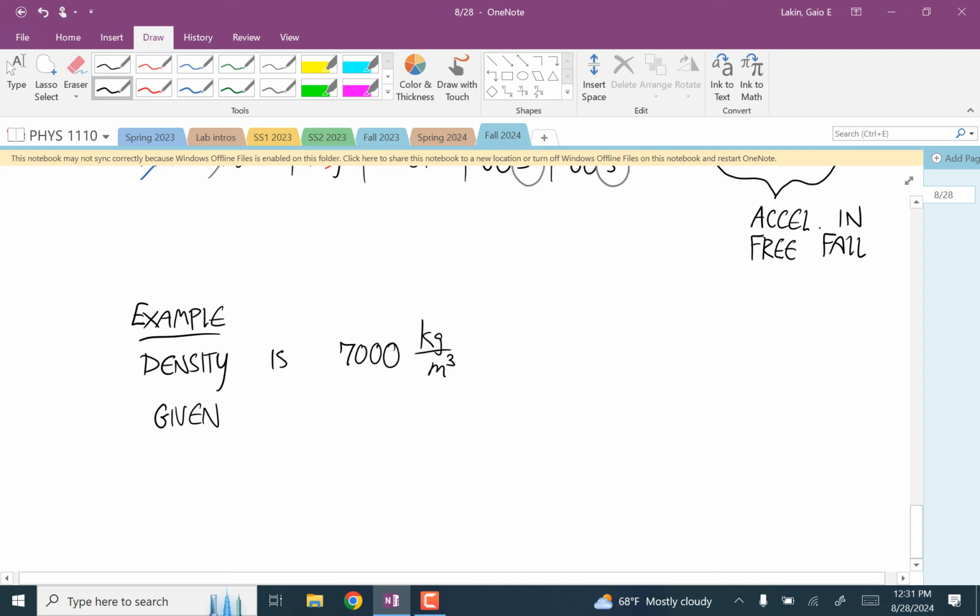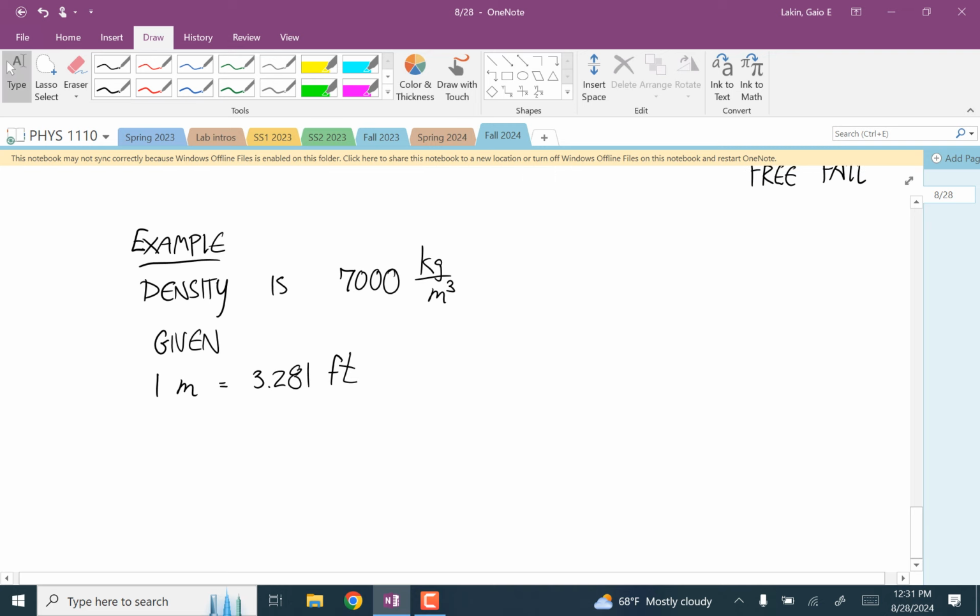So given that 1 meter is 3.281 feet, what's the density of steel in kilograms per cubic foot?